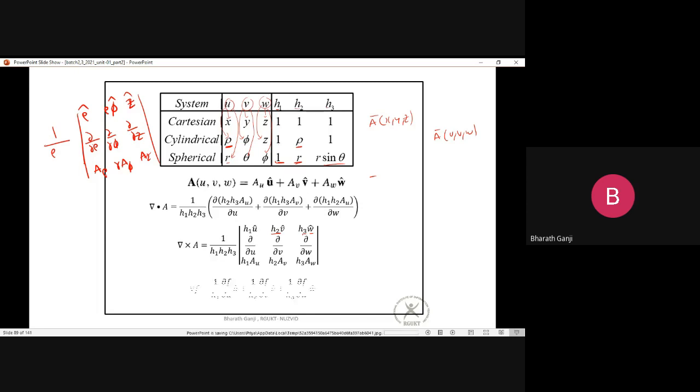So you can see that I have given a general formula in terms of u, v, w and h1, h2, h3. Even for the gradient, if there is a scalar function f of u, v, w, you can always get the gradient of the scalar function by the formula: 1 by h1 times dou f by dou u in u cap direction, 1 by h2 times dou f by dou v in v cap direction, and 1 by h3 times dou f by dou w in w cap direction.